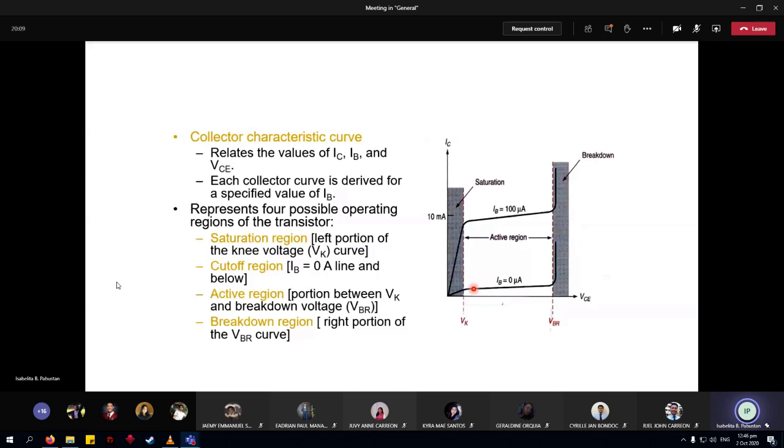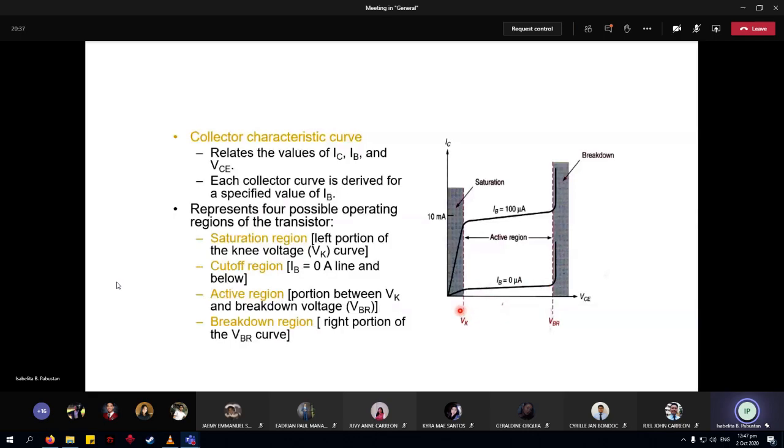Oo, nakasulat, kasi you already set the IB to be, let's say, 0 microampere, or 100 microampere. Alam mo lang yon sa mind mo. Pero ang hinahanap mo talaga ay mga IC and mga VCE so that you will be able to draw this.